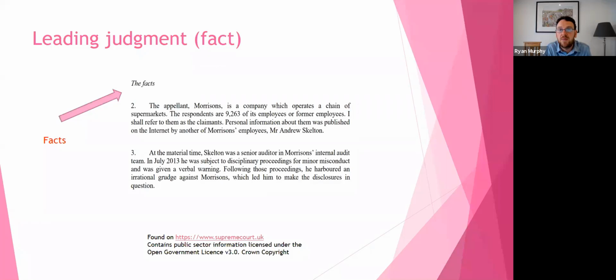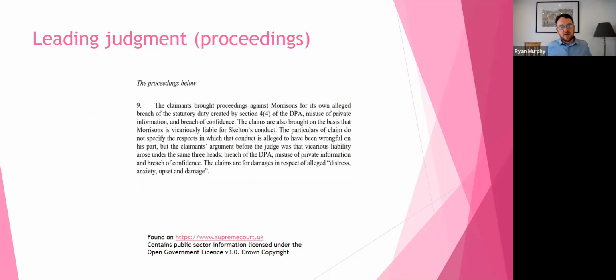So the person giving the leading judgment, half the court, will often summarize the facts, and they will often be quite explicit about that and say, these are the facts. And that can be quite useful, you can just do a Control F so you can find where the facts are. Then often, when you get to appeal judgments, you will get some form of procedural history.